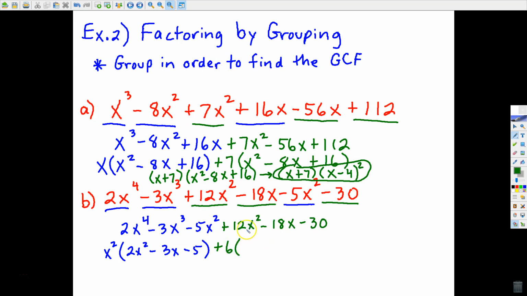And when we factor out 6, we're going to get 2x squared minus 3x minus 5. So we're feeling pretty good because our trinomial in parentheses matches in the blue and the green. And so we're going to put our answer as the part that's not in parentheses times the part that is.